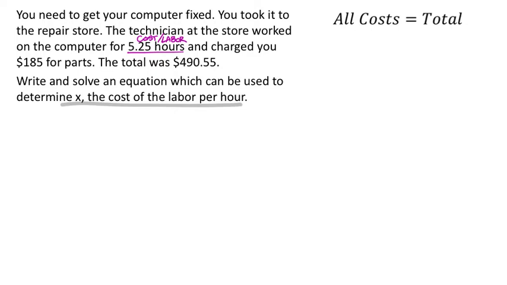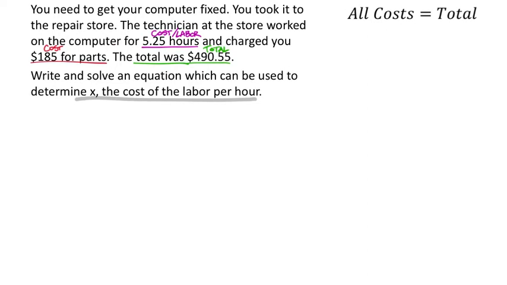In fact, I'll change that. That's a cost for the parts. And then the total, they said $490.55. Again, that is a total. It says a total, but I'm just emphasizing that we know that that is a total. So when we set up the equation, we know that the total, well, it's just a total.